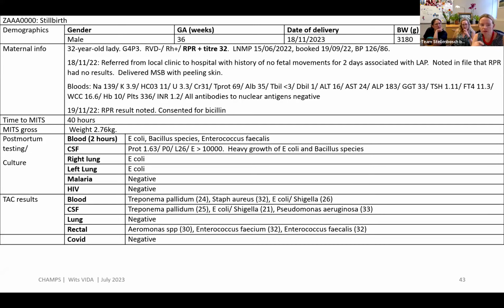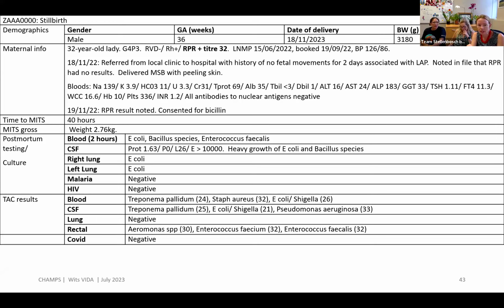Obviously it looks like congenital syphilis with a macerated stillbirth, everything suggestive in terms of the placental biopsies and the chorioamnionitis and the villitis. And obviously untreated syphilis and not checking the result is the modifiable factor. But the interesting thing is the E. coli that was found in many different organs as well.